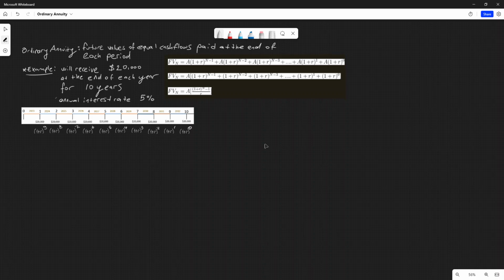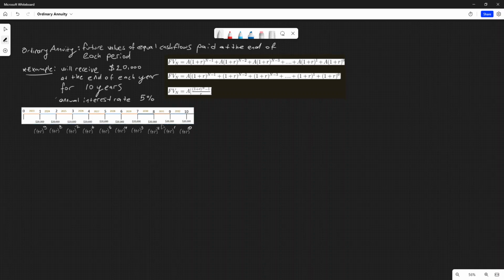So this example is in line with the ordinary annuity, which is a series of regular payments made at the end of each period.